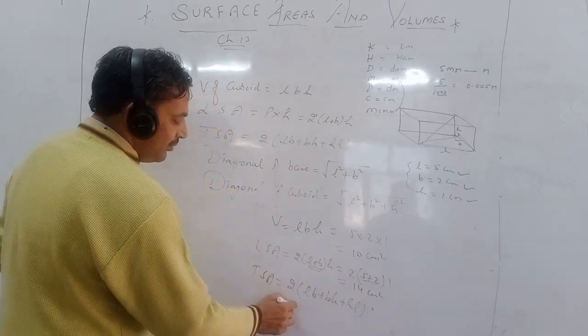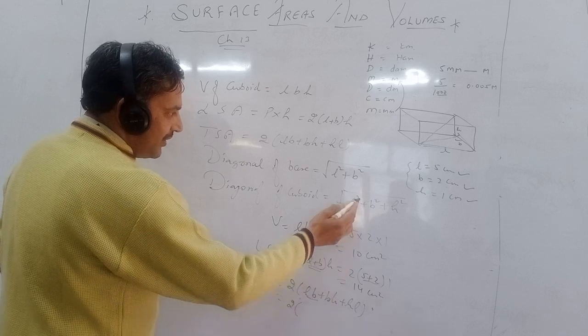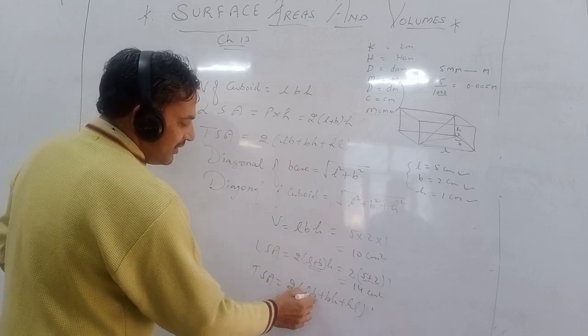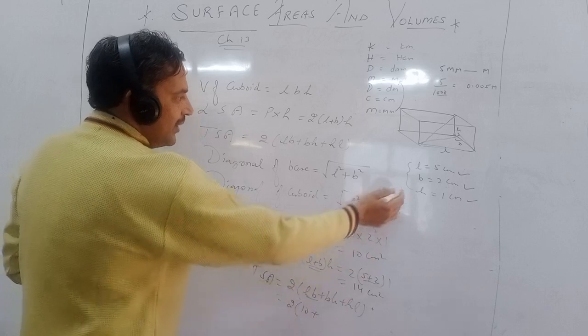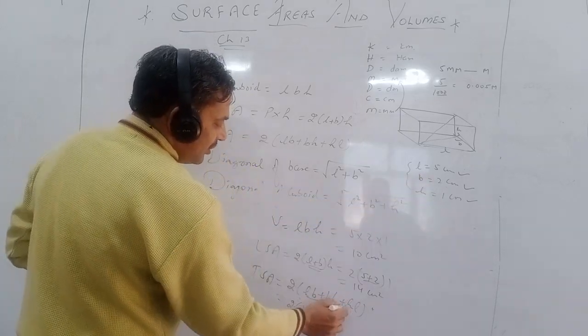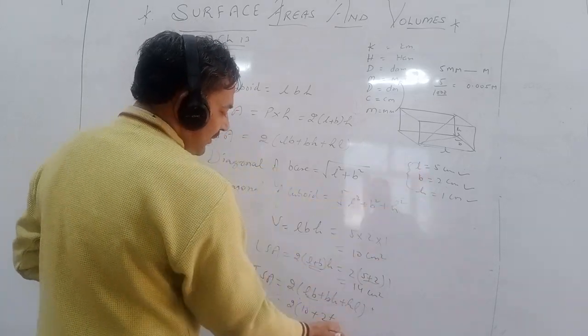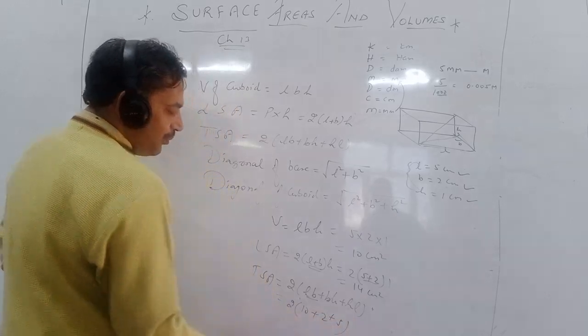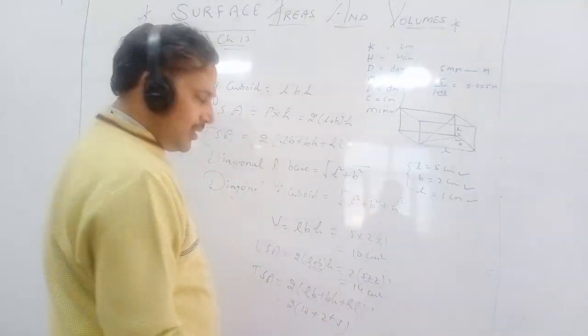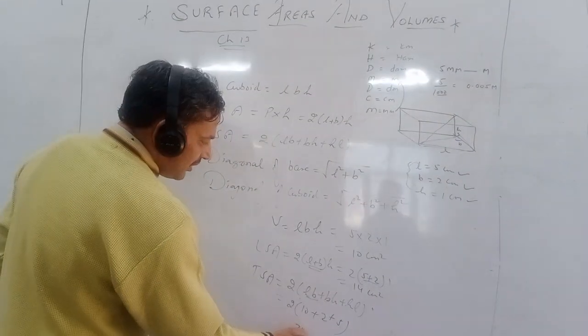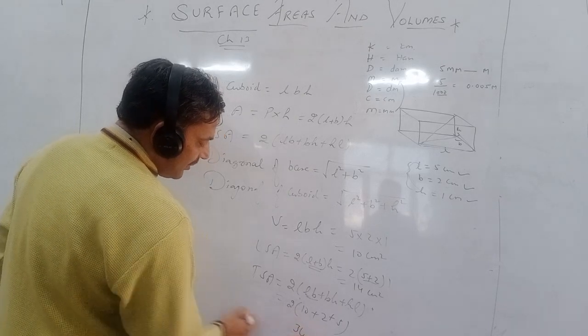L into B is 5 into 2, 10. B into H, 2 into 1, 2. H into L, 5 into 1, 5. Now add them: 10 plus 2 plus 5 is 17, 2 into 17 is 34 centimeter square.